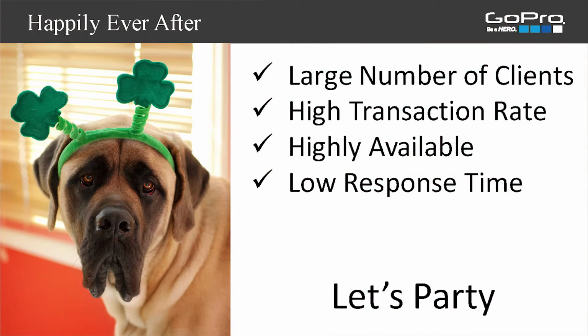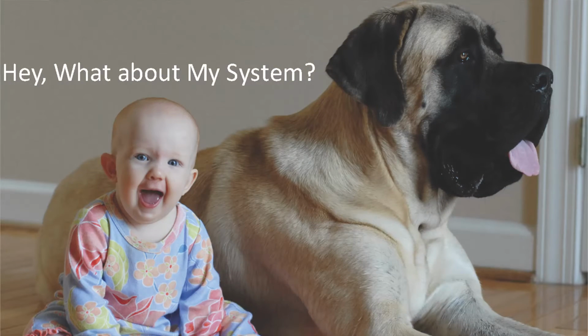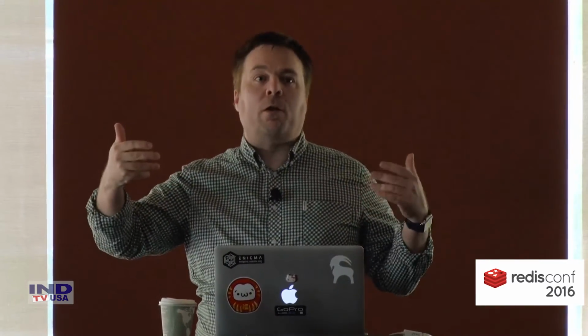So we've got our properties. Let's party. So what about your system? I'm guessing for many of you, you work in maybe a smaller environment. Some of you are definitely doing transaction rates similar to the systems I built. I think some of you are probably in your growing stage, where maybe you're doing a few hundred transactions a second, but you want to understand how you're going to grow that to 1,000 to 500,000.